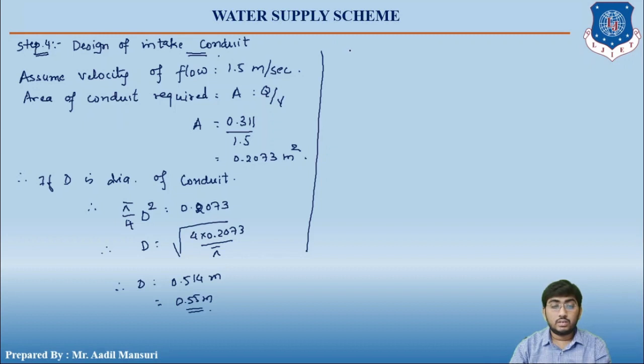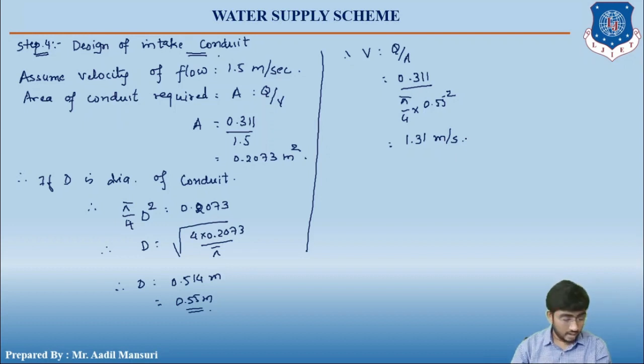Velocity will be equal to Q by A, which is 0.311 divided by pi by 4 into 0.55 square. This will be equal to 1.31 meter per second. So if you provide diameter of 0.55 meter, then the velocity of flow will be 1.31 meter per second.